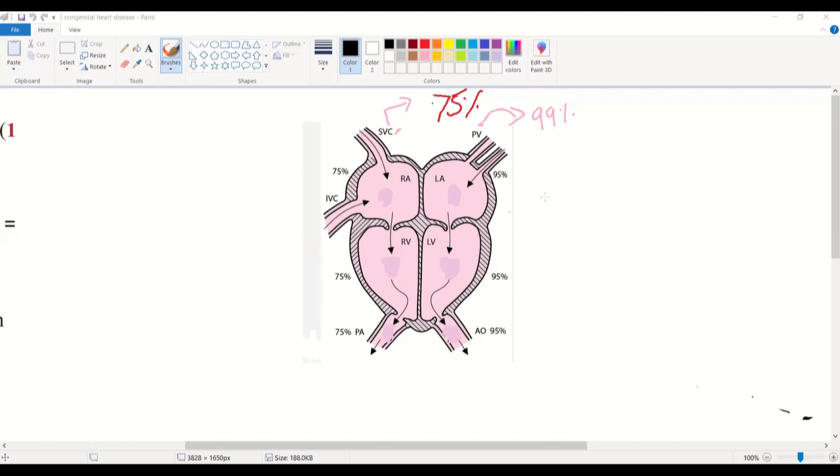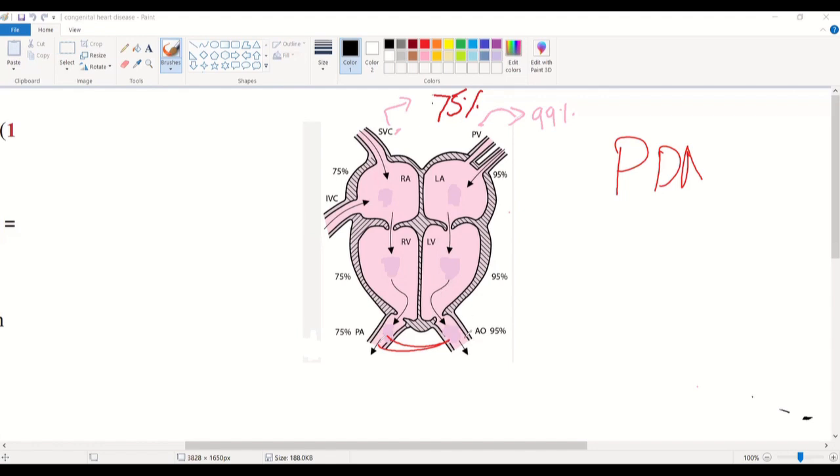I'm repeating the concept of oxygen saturation in patent ductus arteriosus. What happens in PDA? There is a communication between the pulmonary artery and aorta, right?